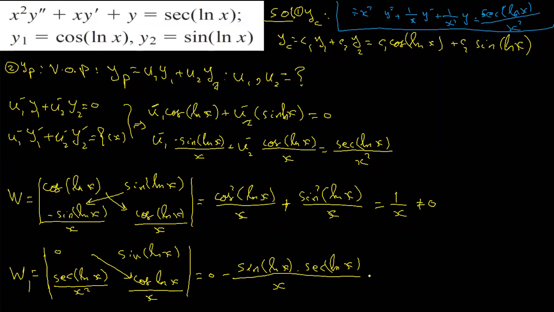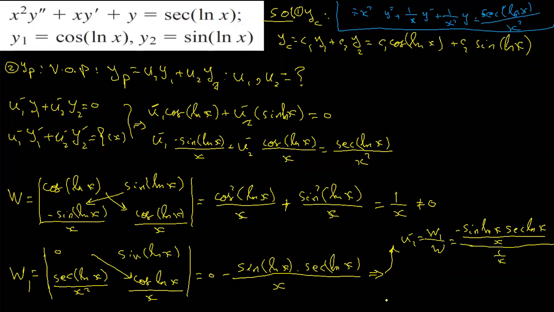Now from this, I can say that u1 prime equals W1 over W, equal negative sine ln x sec ln x over x, all divided by 1 over x.